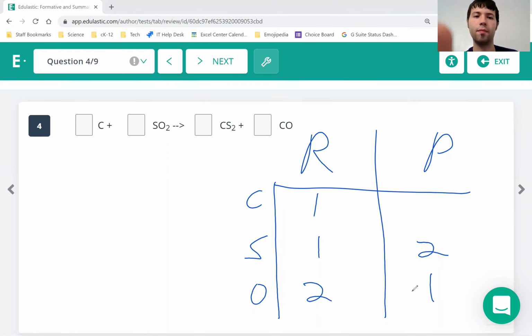So that would be 2 carbons. Okay. So there's actually a lot of things I had to balance here. Again, there's a lot of things that's not balanced.